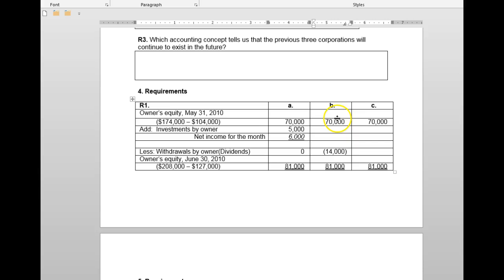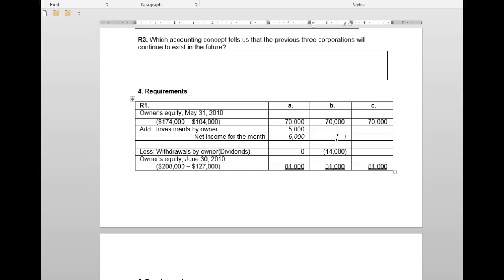So let's use this as our base. If I deduct 14,000 from 70,000, I end up with $56,000. To even out that equation that we've been working on, I have to subtract that 56,000 from the 81, and that comes up to a grand total of 25,000.